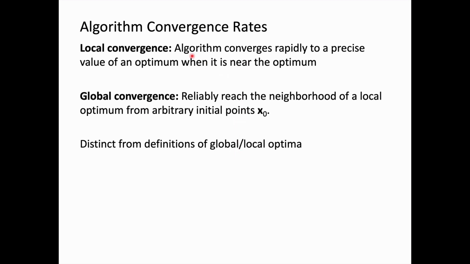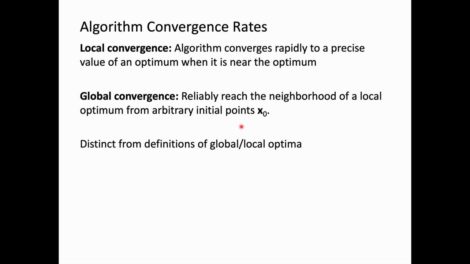So that is very different from what I'm talking about right here. Local convergence, that means if you're close to a solution, you can get to the solution really fast. Global convergence means you do a good job of reliably getting to the solution.